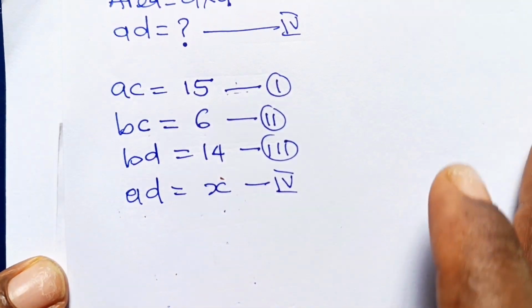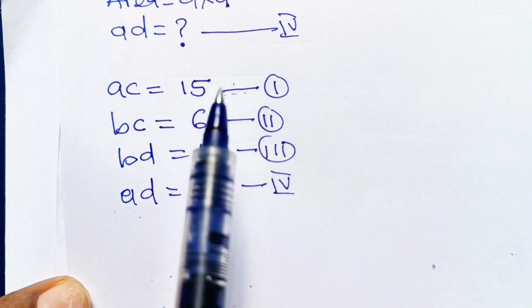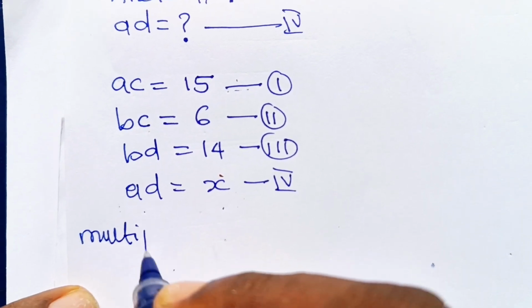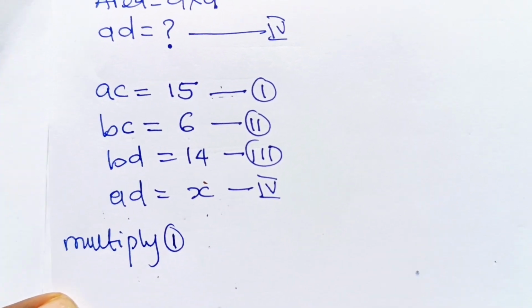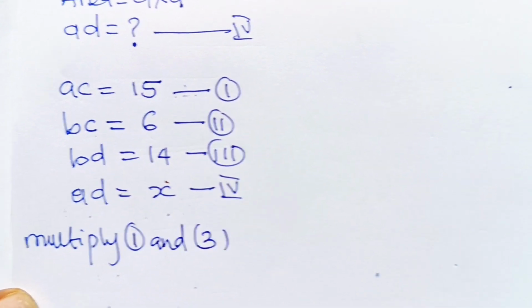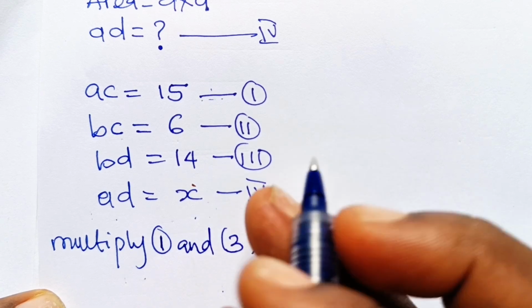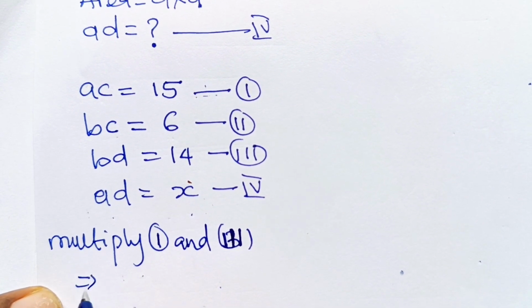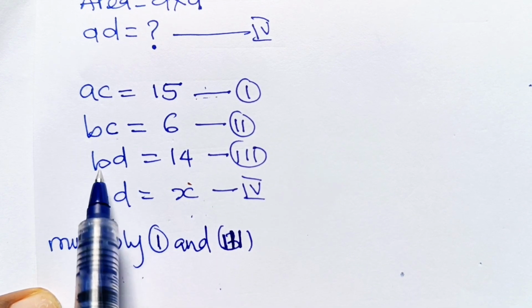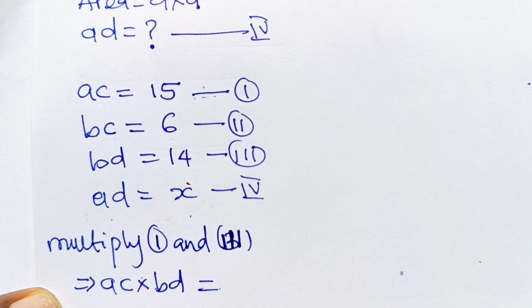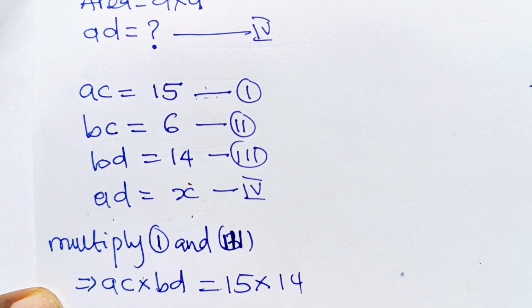This is equation 4. Now, if we multiply equation 1 and equation 3, okay, this will give us AC times BD is equal to 15 times 14.